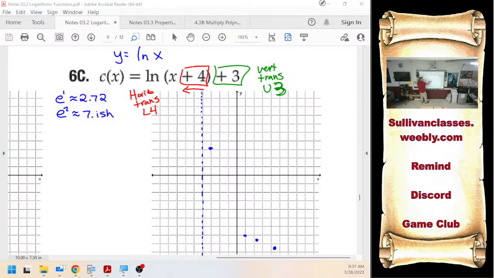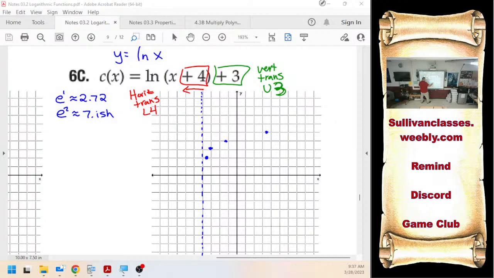e to the 0 is 1, so 1 away from the asymptote. e to the first was 2.72-ish, so I'm going to go 2.7-ish away from the asymptote. e to the second was 7-ish, so I'm going to go 7-ish away from the asymptote.